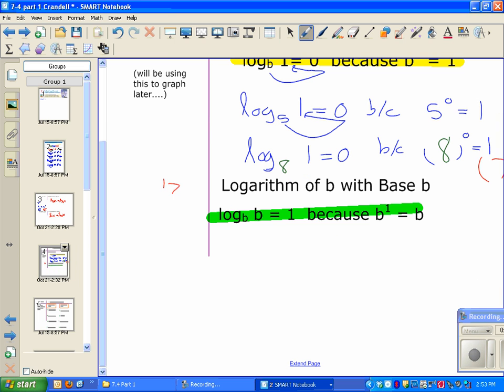Another one that's helpful is logarithm b with base b. So log base b of b equals 1 because b to the first equals b. So again, if I had log base 5 of 5, that equals 1 because, you do your half smiley face, 5 to the first equals 5.